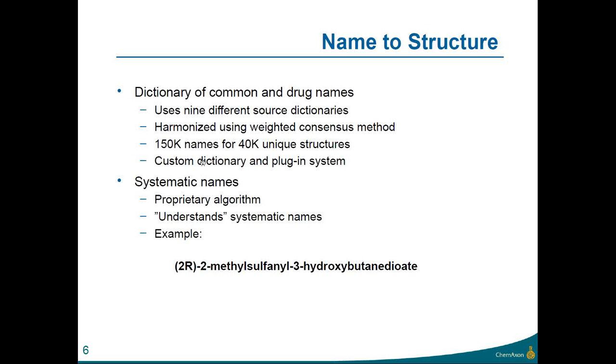The resulting dictionary covers 150,000 names, which represent 40,000 unique structures. So there are obviously some synonyms in there.